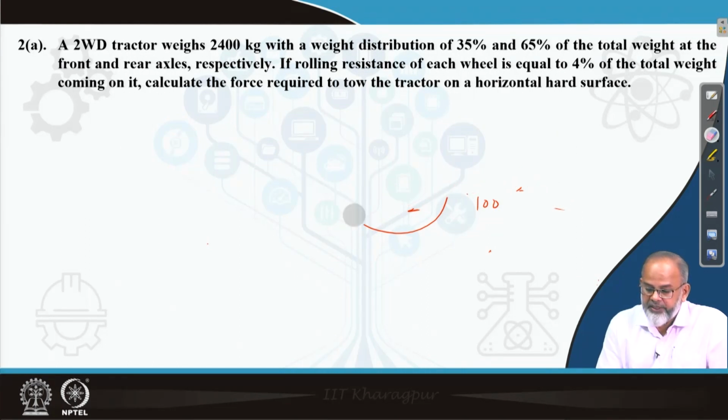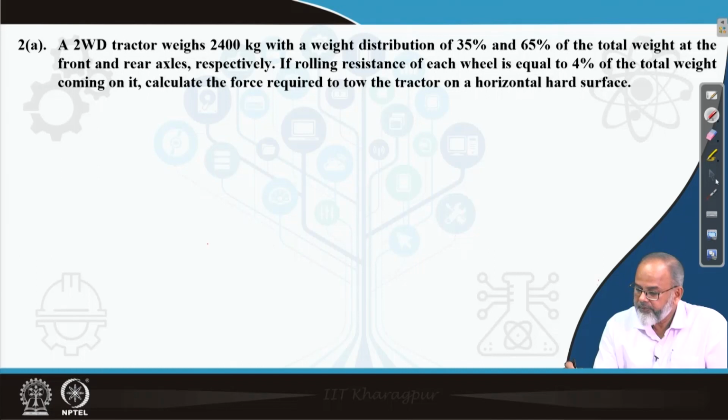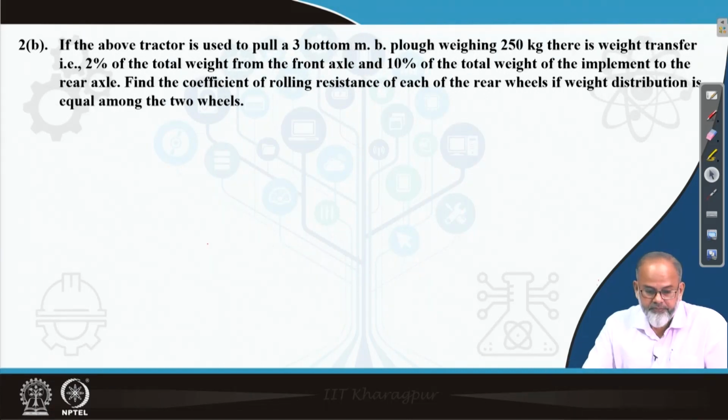Now, the next question is, if the same tractor is used to pull a 3-bottom moldboard plow weighing 250 kg, there is a weight transfer, that is, 2% of the weight is coming from the front axle and 10% of the total weight of the implement is coming on the rear axle.